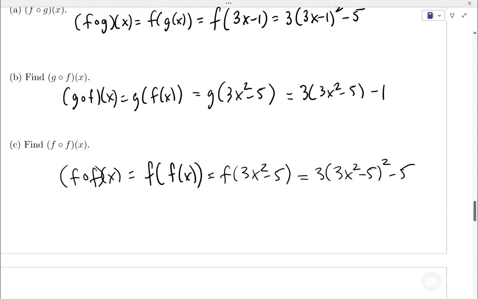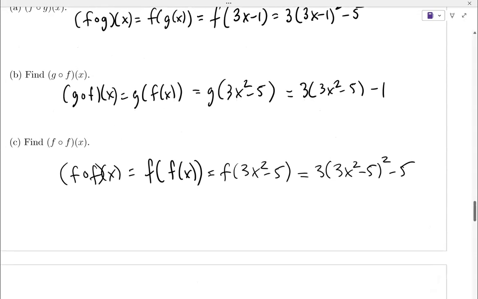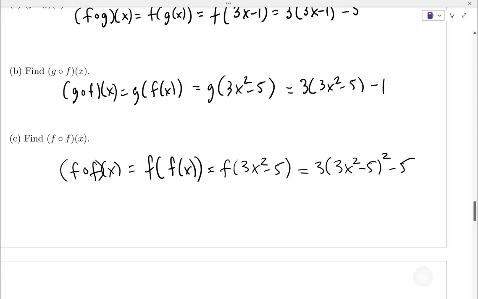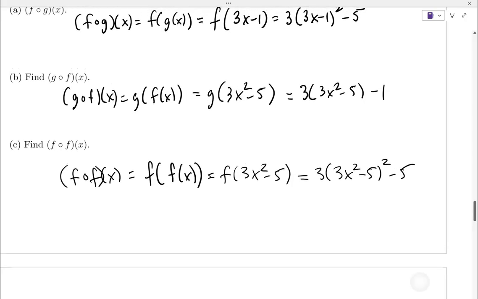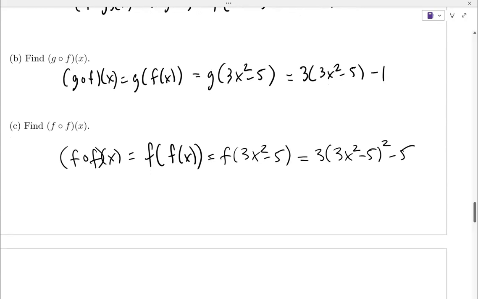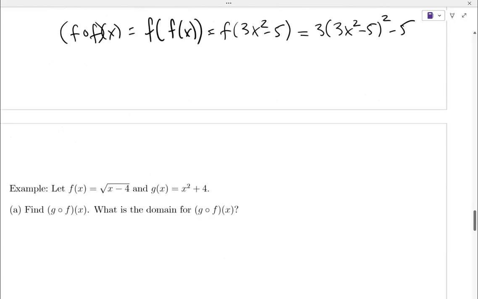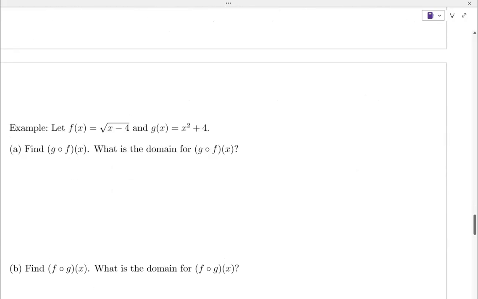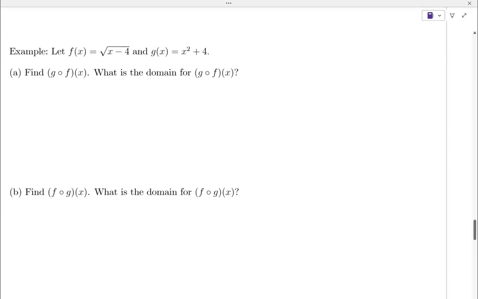Questions on that one? Yes? So would you accept that final form as the answer on it? Yeah, absolutely. That is the composition. And in fact, the reason why I'm leaving it is because of the next part here. You have to be a little careful with domains in composition.